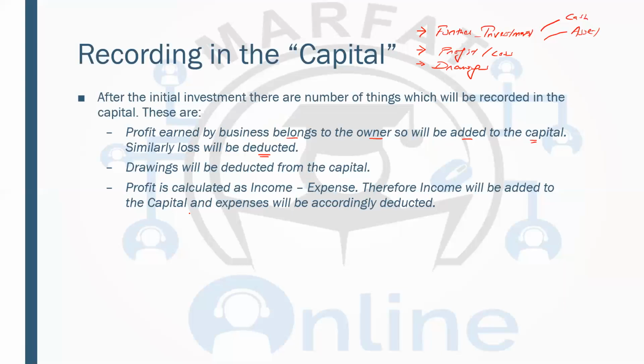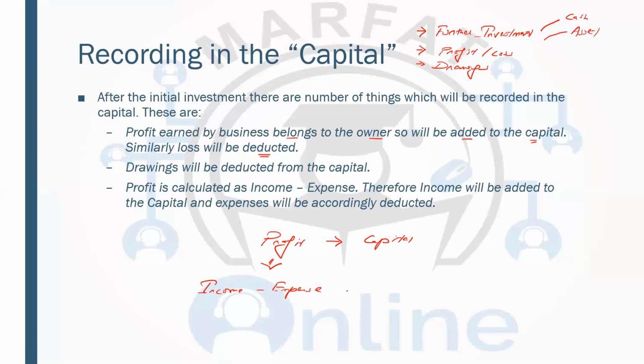And then there is one more technical thing you need to understand. As I said, the profit will be added to the capital. Now, how is this profit calculated? Profit means income minus expense.